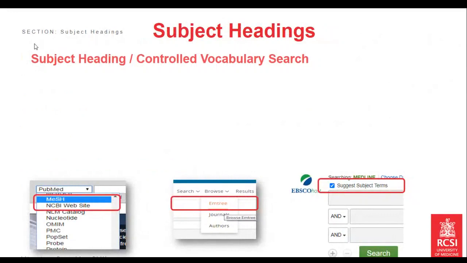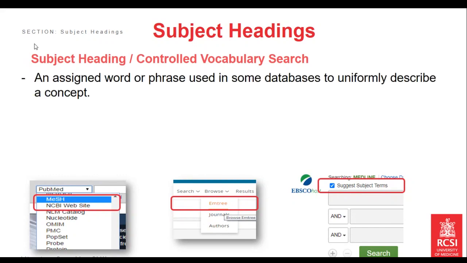Okay. So another way to search is through subject headings. A subject heading is a word or a phrase that is used in a database to uniformly describe a concept. There are a lot of different words for the same thing in the English language.